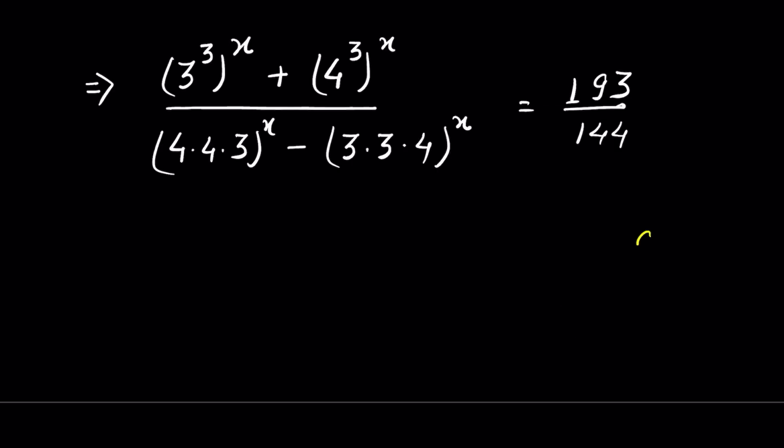Now when a to the power m whole to the power n is equal to a to the power m times n, this we can also write as a to the power n whole to the power m.